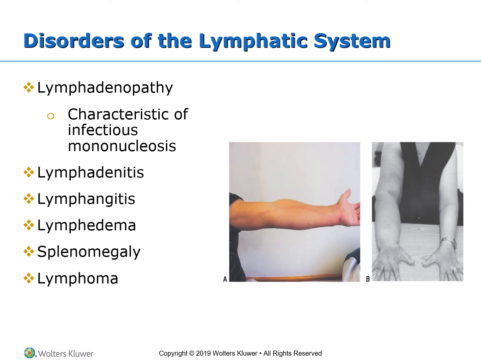And if you remember, when we discussed conditions related to pathogens in chapter 5, we had a picture of a gentleman that had one leg that was extremely big as a result of a parasite that will colonize and obstruct the lymphatic vessels.